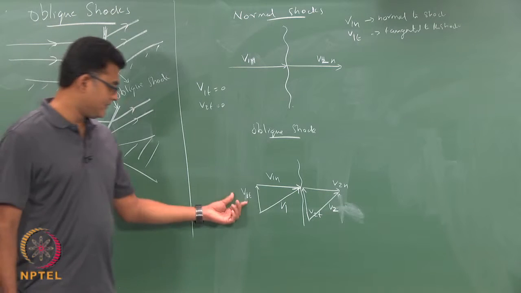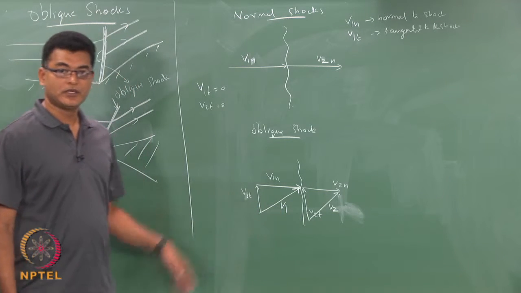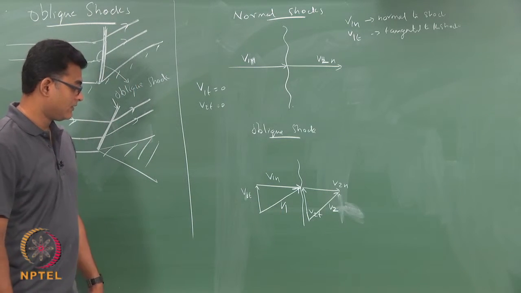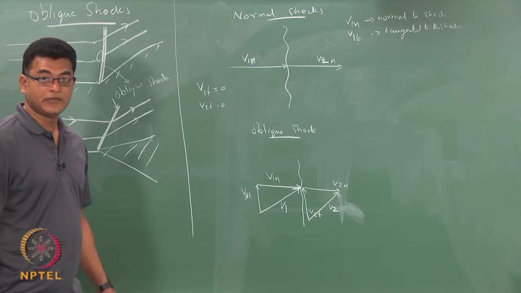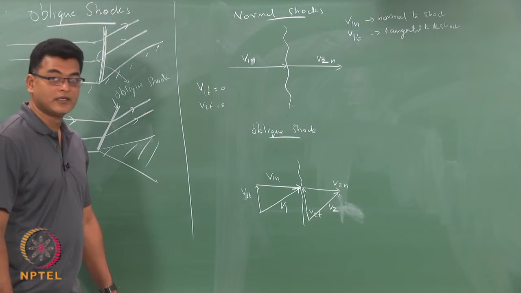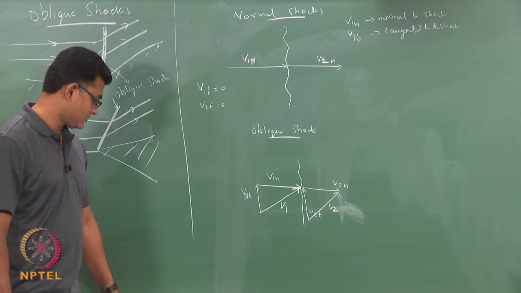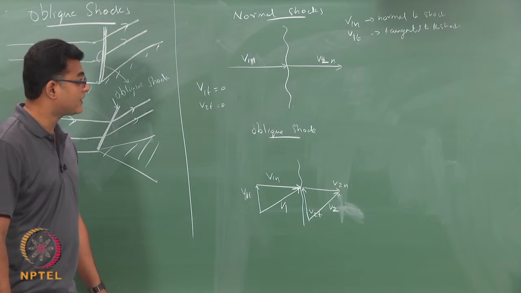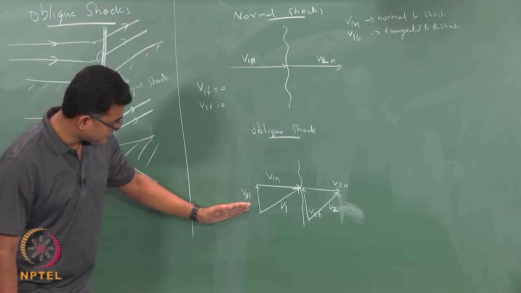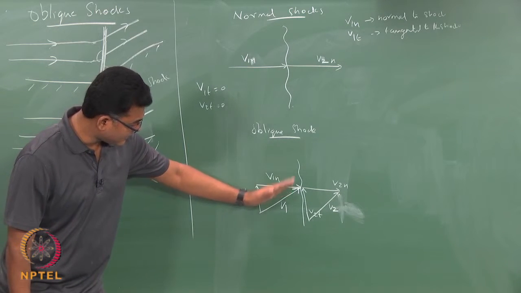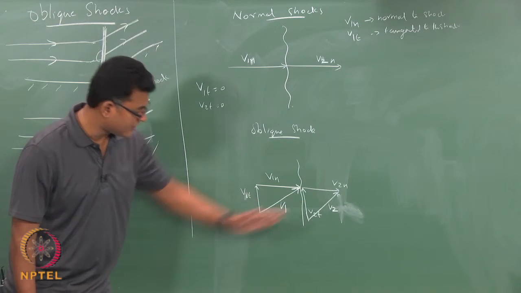We will show that V1t should be equal to V2t for the oblique shock waves. We will show that analytically, or we will derive that. But this is what is seen. I have a velocity that is coming at an angle, hitting a shock wave.